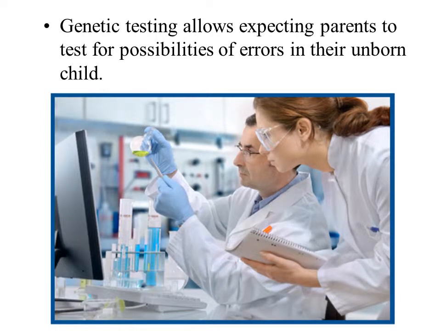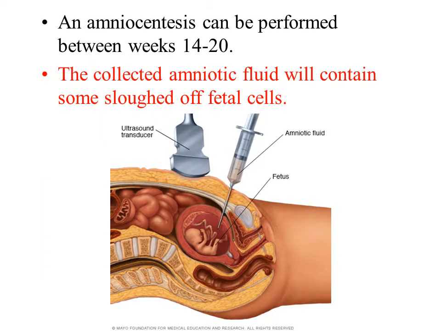Genetic testing allows expecting parents to test for possibilities of errors in their unborn child. One genetic test that you can perform is an amniocentesis. This can be performed between weeks 14 and 20.